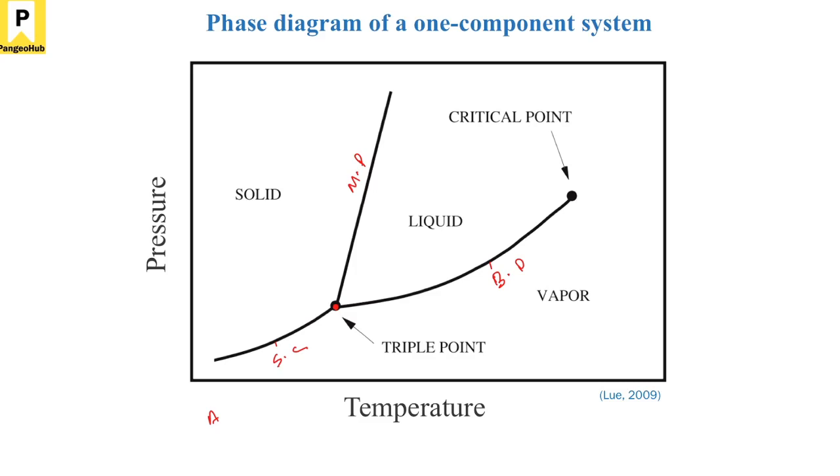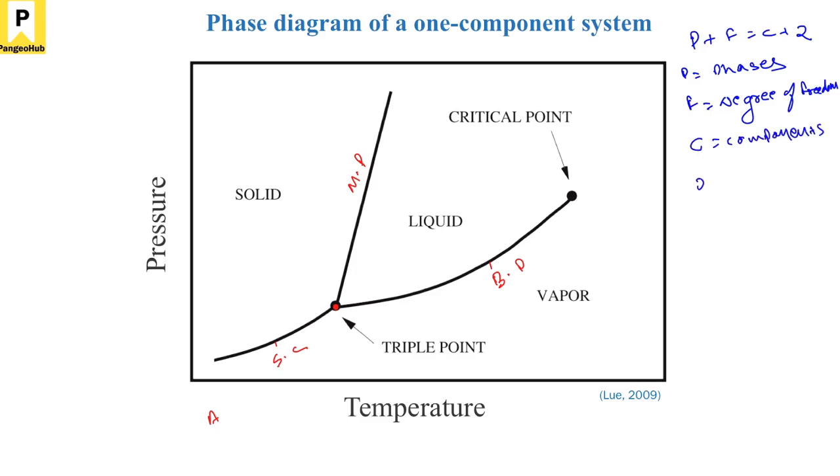If you want to find the degree of freedom in different phase fields in this phase diagram, you can use the Gibbs phase rule, which is P plus F equals C plus 2, where P is the number of phases, F is the degree of freedom, and C is the number of components, and 2 here refers to P and T, which are the intensive variables.